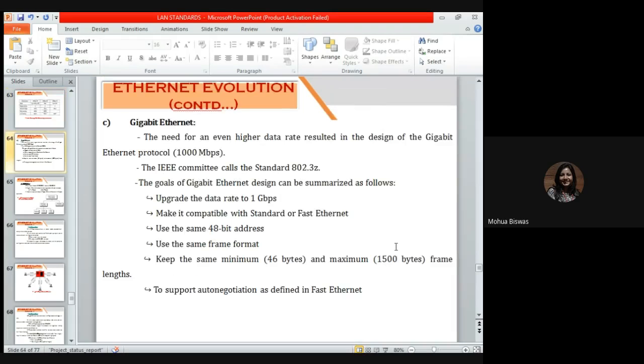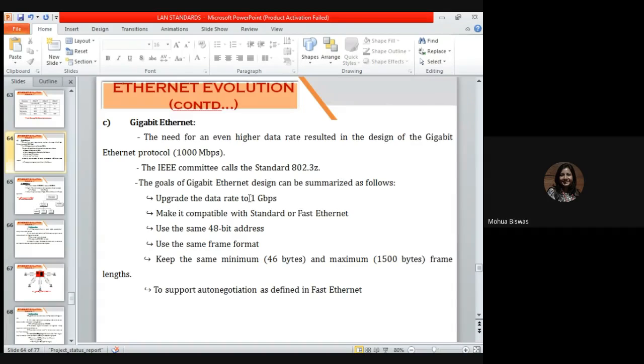Okay? Now, yesterday we covered the introductory part of Gigabit Ethernet, where we discussed that the IEEE standard for Gigabit Ethernet is 802.3z. The goals which we have already seen in Fast and Standard Ethernet are somewhat similar in Gigabit Ethernet also, but with slight changes.